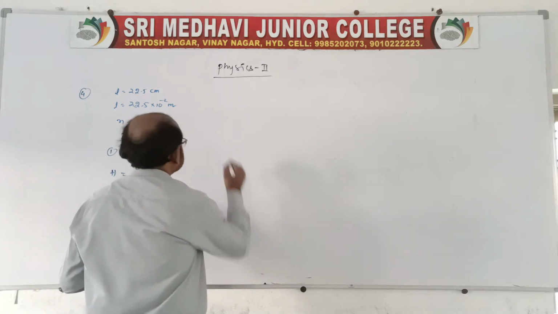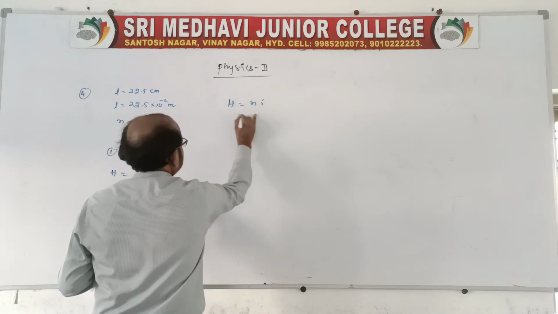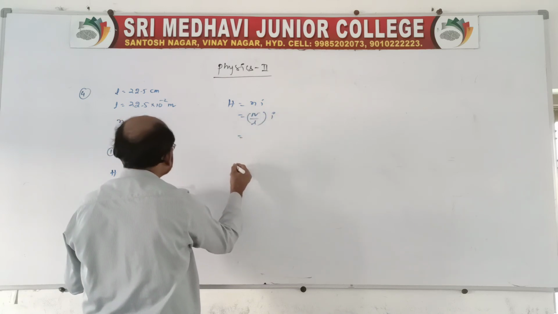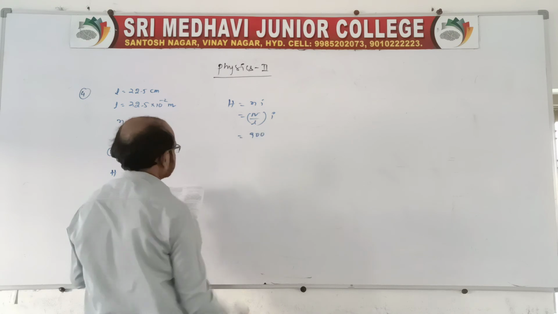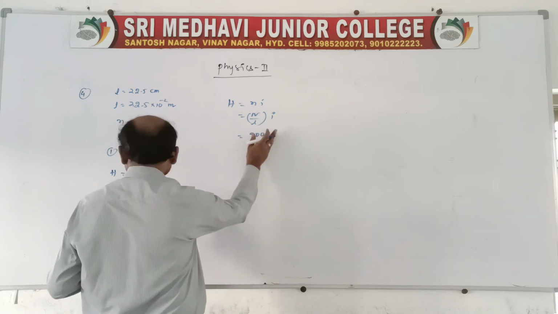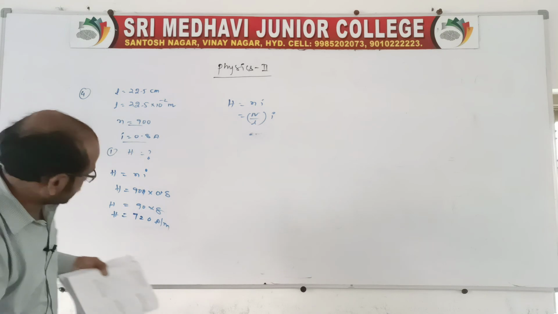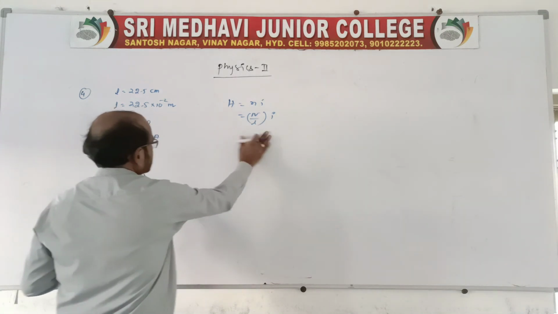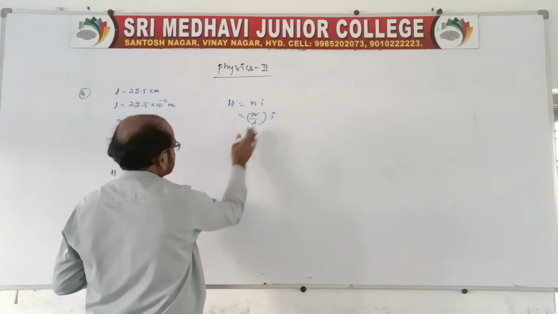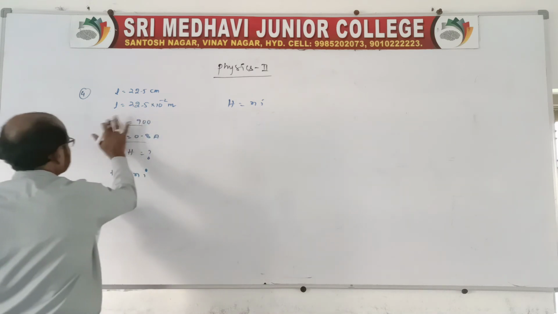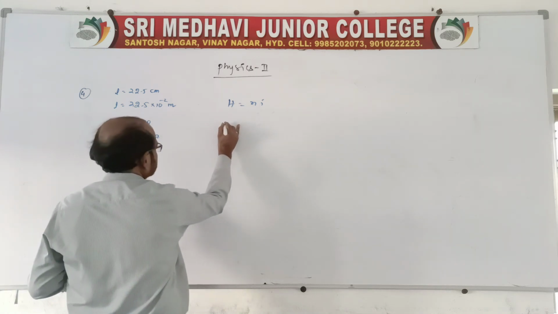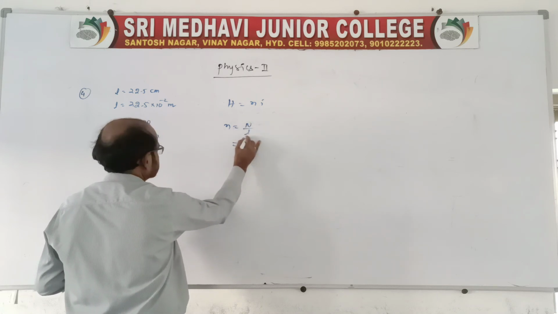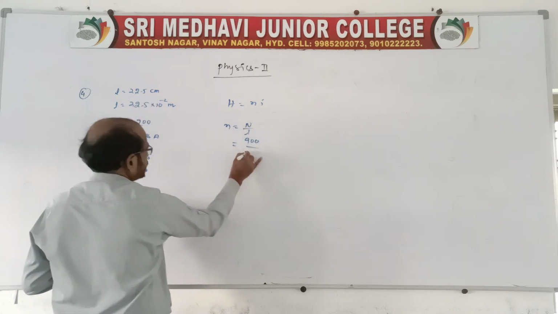So here you take capital H is equal to n I, where capital N by L is taken. Capital N is given as 900. Here small n is not given, so we need to write small n is equal to capital N by L. Capital N is 900, because per unit length is given, no?